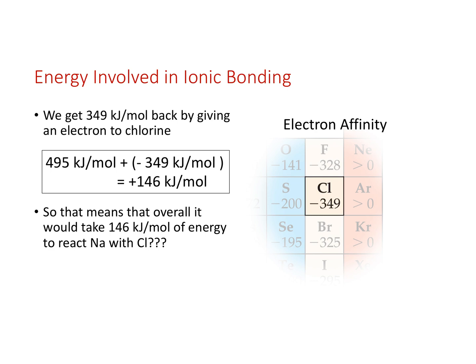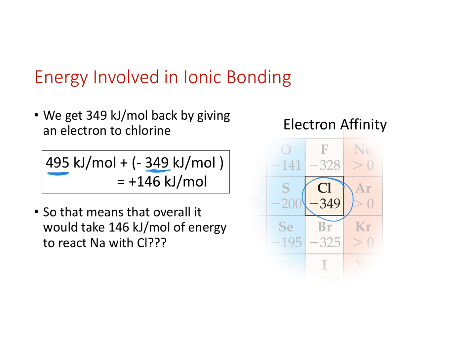The next step is the electron affinity, and that's when chlorine gains an electron. Chlorine has an electron affinity of negative 349 kilojoules per mole. That is exothermic, so I'm going to release 349 kilojoules per mole of energy when that chlorine gains the electron. Now let's look at both of those steps together. Here's my ionization energy. I have to put in 495 kilojoules. Here's my electron affinity.